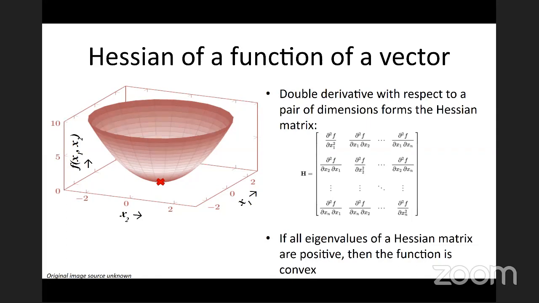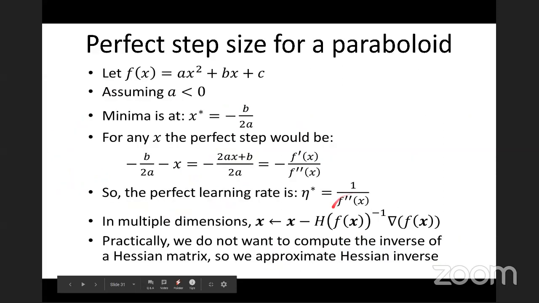Now, if we want to take a perfect step size, we have to take the inverse of the second derivative, which is the inverse of the Hessian matrix, and multiply. We get an n by n matrix, and we multiply it with the n-dimensional vector, to get an n-dimensional step update to get to the bottom of the curve. Inverting an n by n matrix takes n cubed operations, so a trillion times a million operations.